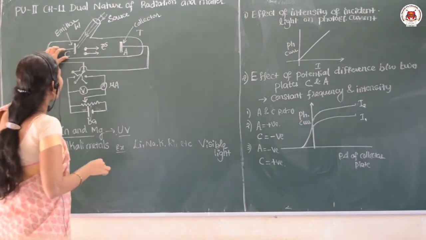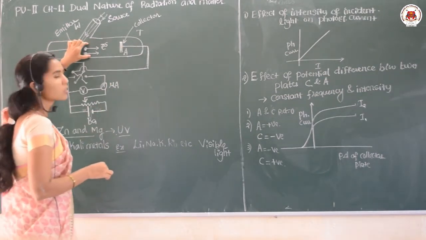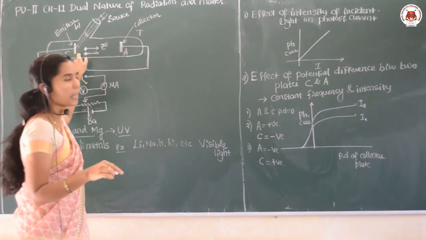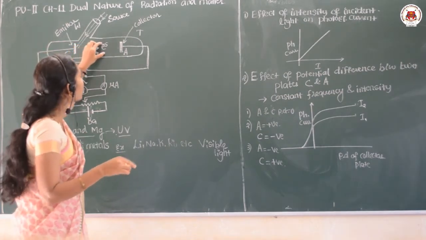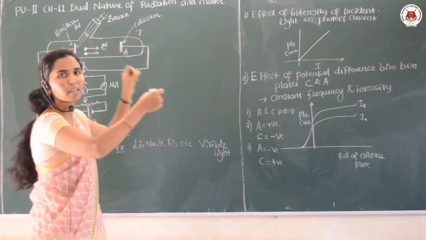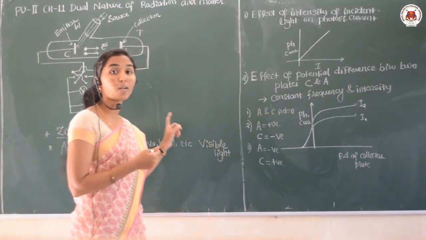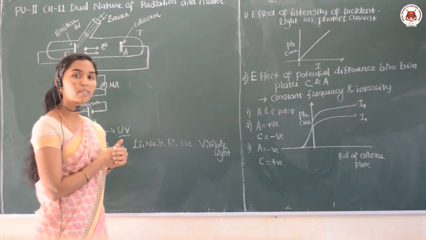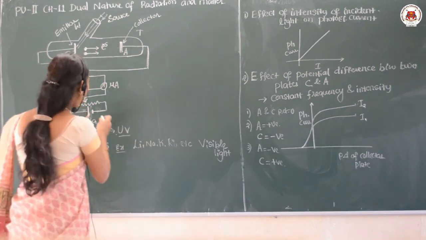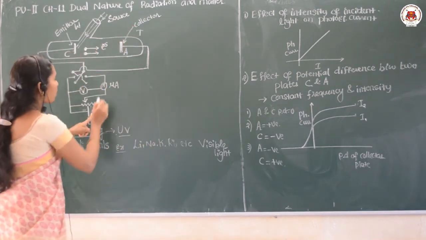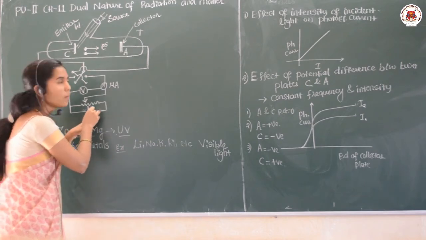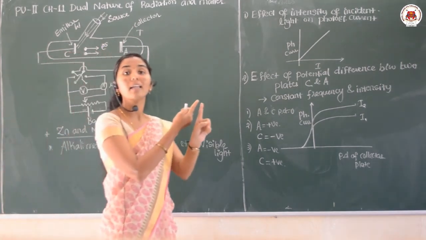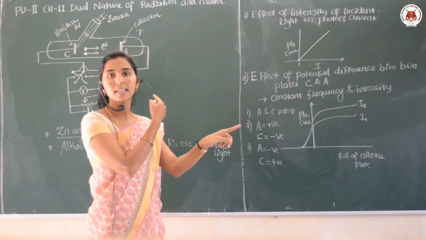Slowly the electrons emitted from the emitter plate will be reaching the collector, but immediately a strong repulsion will take place between the collector plate and the electrons. Why is it so? Because we have kept the collector plate at negative potential, and the electron also has negative charge. We know that like charges repel each other.